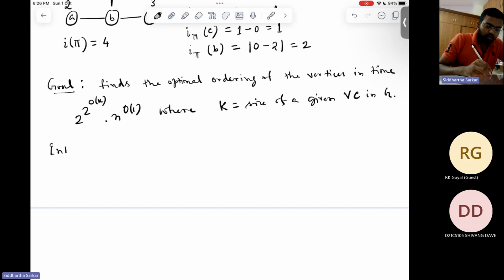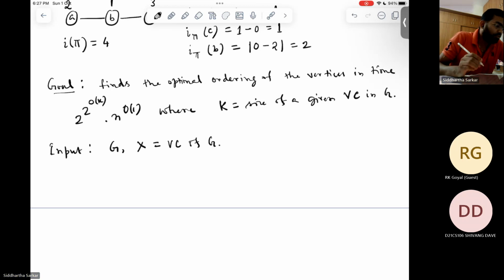Our input is not only a graph, an unweighted graph. Along with that, we have a vertex cover. Let us say that we have a vertex cover X that is part of the input. So X is a vertex cover of G, and let us say that the number of vertices in X is k. So we have a k-sized vertex cover given to us.